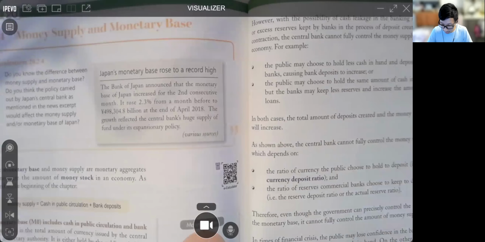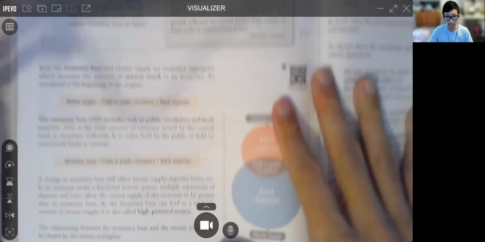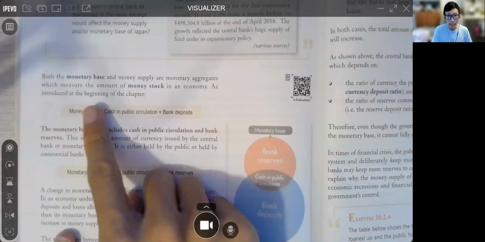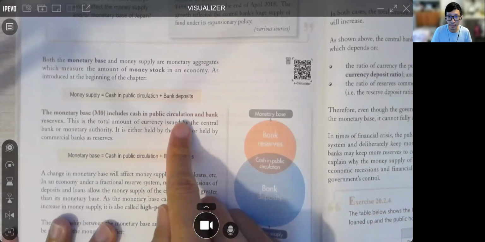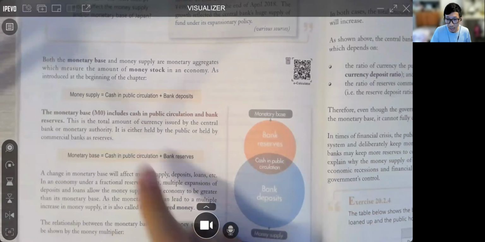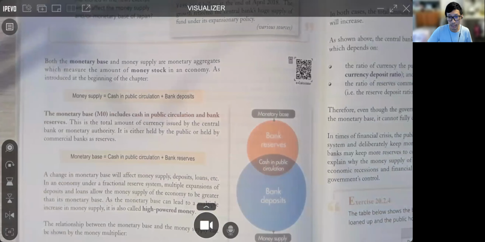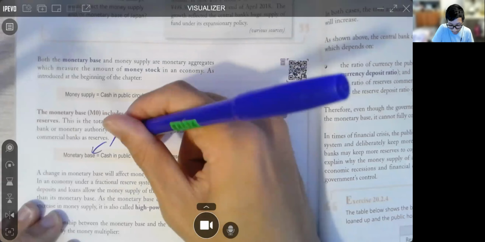Let's go to page 204 of your textbook. Monetary base includes cash held by public and bank reserve. Put simply, monetary base is actual physical money.